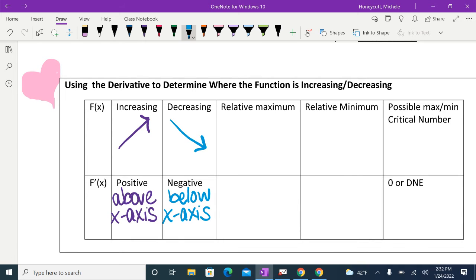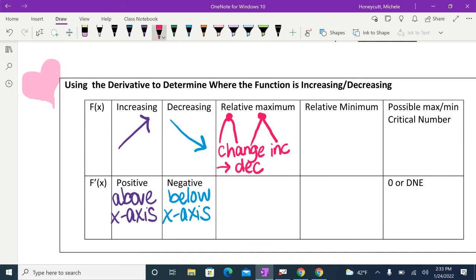A relative maximum can either be a curvy relative maximum, or you might even have a pointy relative maximum, but those are top points right there. On f, you'll notice that the graph of f changes from increasing to decreasing. So we look for a change from increasing to decreasing.